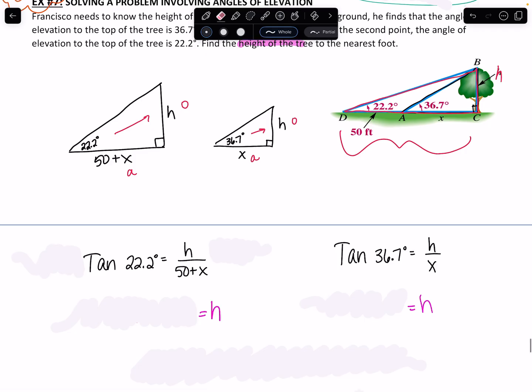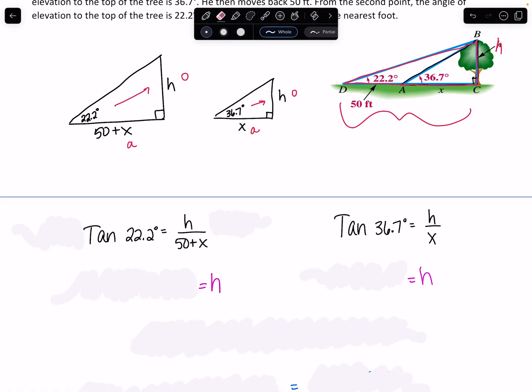Now again, remember, we're trying to solve for h. So in each of these little equations, if we want to get h by itself, over here on the right equation for the smaller triangle, I can multiply both sides by x, reduce those x's, and I would get a new equation that says h equals x times the tangent of 36.7 degrees, right?